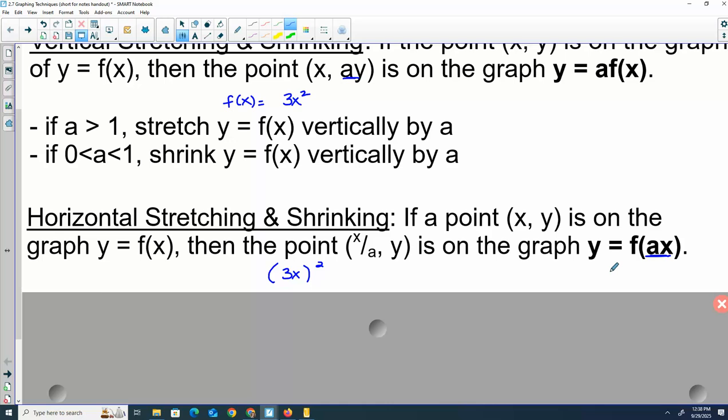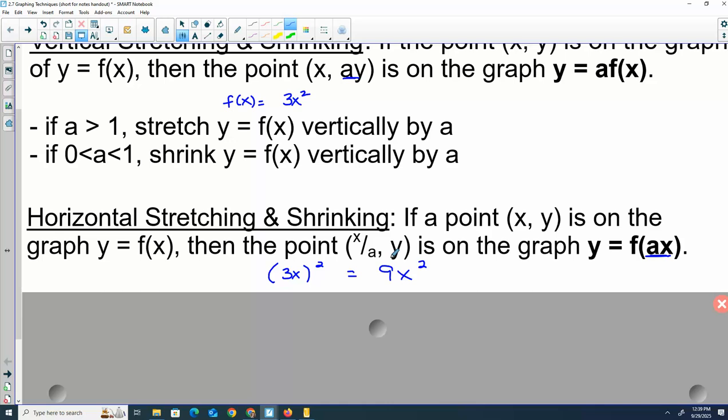Another way to think about it is 3x squared, isn't that the same thing as if I square both the 3 and the x, so 9x squared? And the 9 is a vertical stretch, and if you're stretching it vertically, it got skinnier horizontally. So if you multiply on the inside, you're multiplying by x, it's going to get skinnier. So if I multiply my x by 1/2, what do you think would happen?